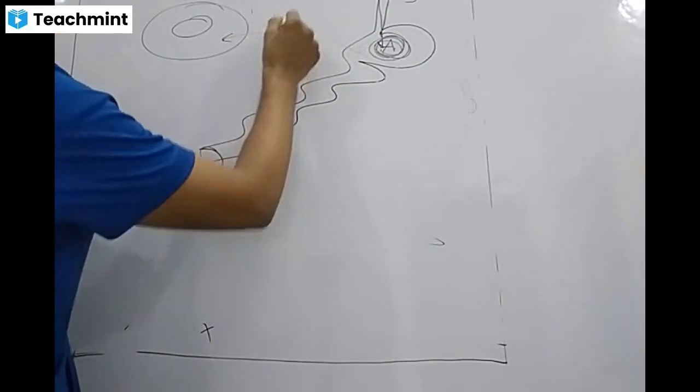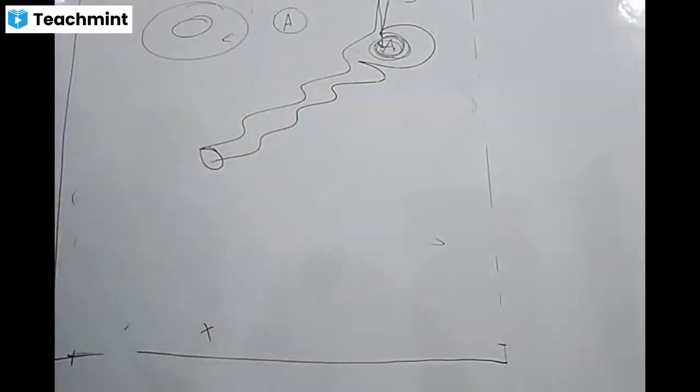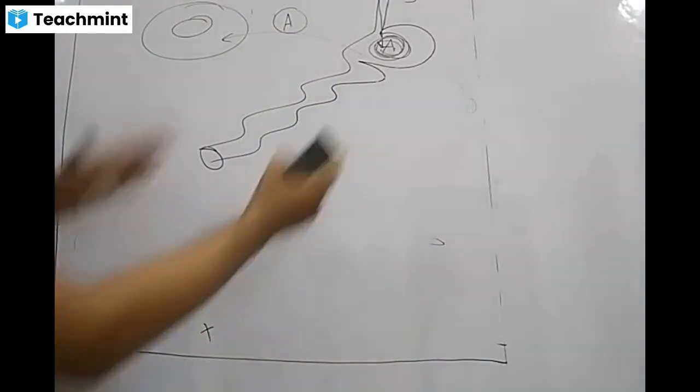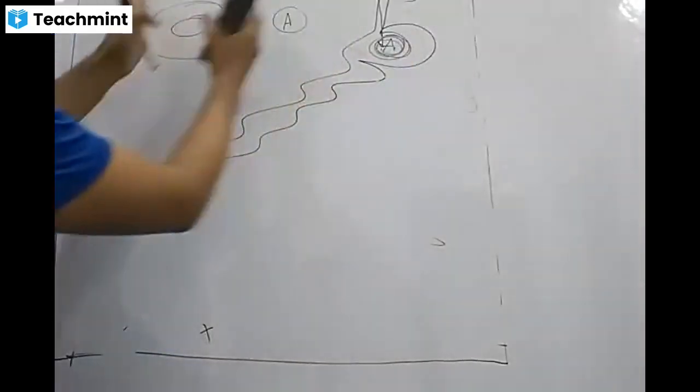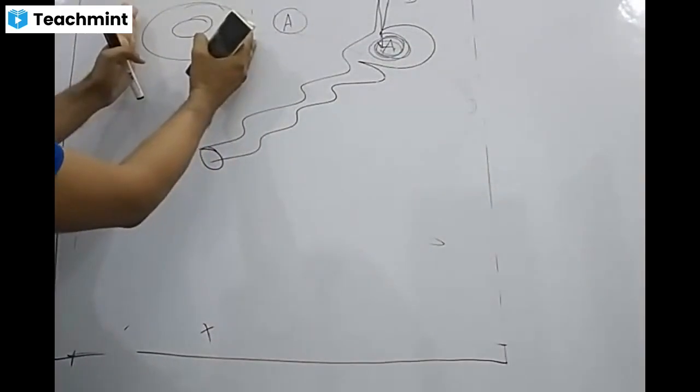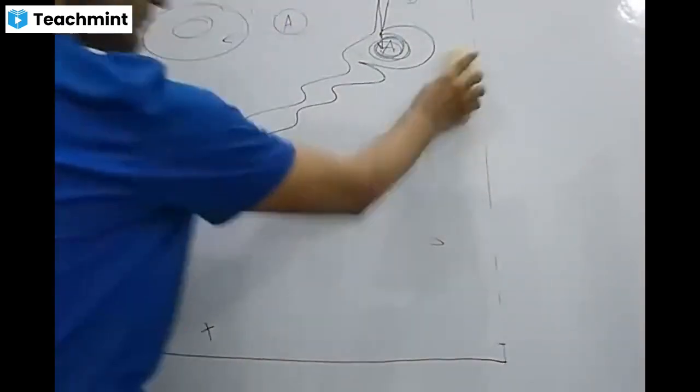This is the definition of absorption. So absorption is the process where the drug will enter into circulation from the site of administration, into your systemic or general circulation.